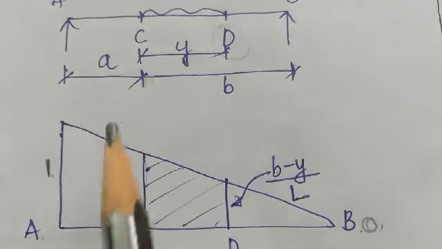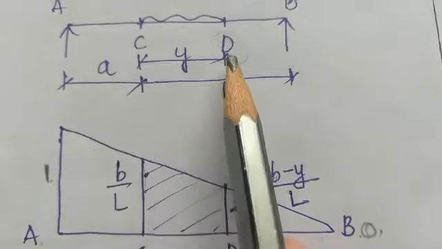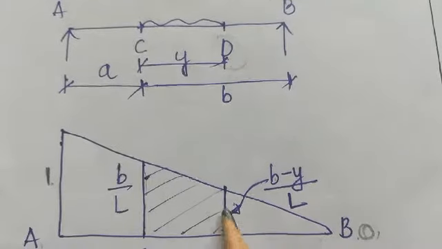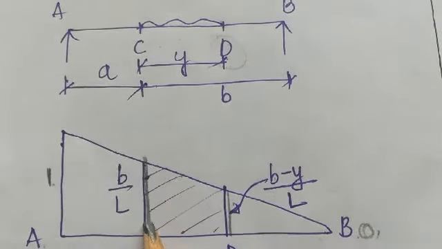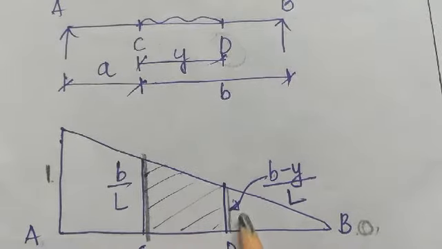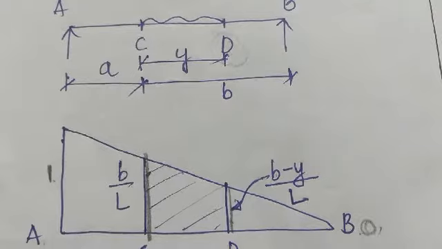So this is the influence line diagram for positive shear force at D. These are the ordinates at D and this is the ordinate at B. You can calculate this using similar triangles.